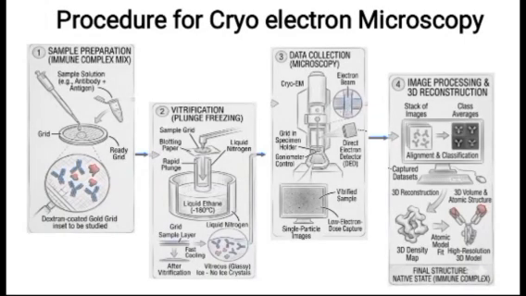This is a pictorial representation of the procedure. As you have seen, the sample will be prepared. After it is prepared by either liquid chromatography or electrophoresis, then it is separated. It will be applied on a sheen or grid. Then it will be blotted to make sure that a thin film is formed.